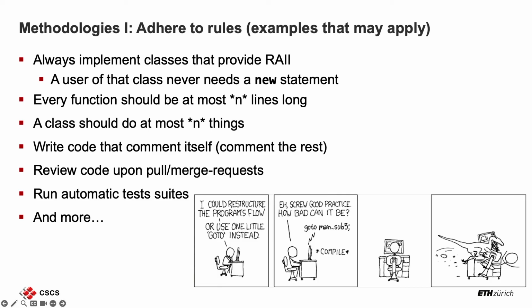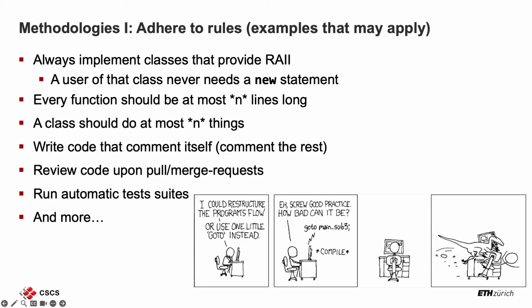And there are other rules, like every function should be at maximum n lines of code, how many things a class should do, things like that. The important rule is to write code that comments itself, and only comment the code when it is not clear. But the code should be something that people read and understand what's going on.